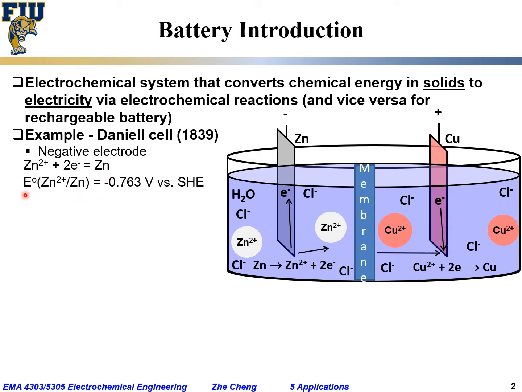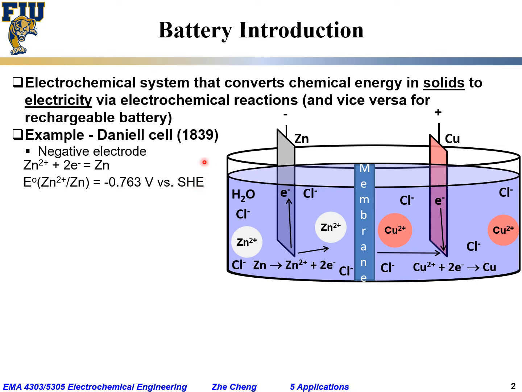If we check the standard electrode potential series table, we would find E0, the standard electrode potential for this zinc 2 plus/zinc redox pair, or for this electrode, would be minus 0.763 volt versus SHE, versus the standard hydrogen electrode.